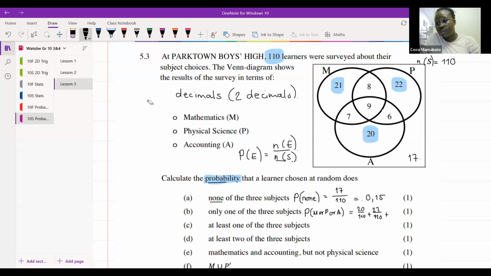Plus 21 over 110. Beautiful, good. Give me a final answer. It is 0.57. Okay, good. 0.57. Because if we add all of these numbers together, we're going to get 63 over 110. And if we write it as a decimal, we're going to get 0.57.